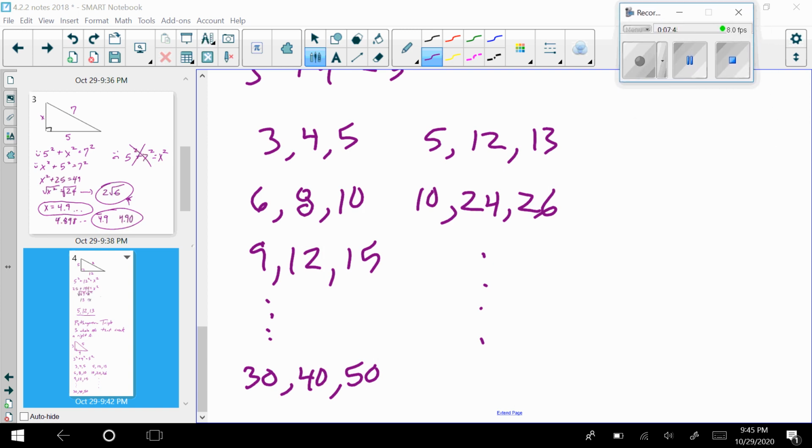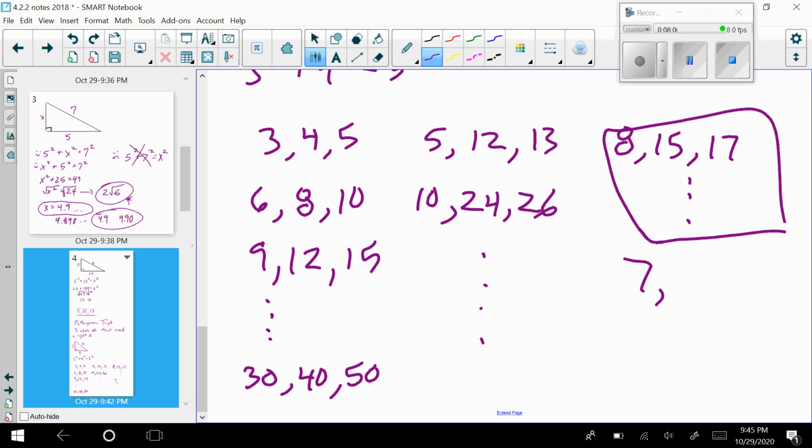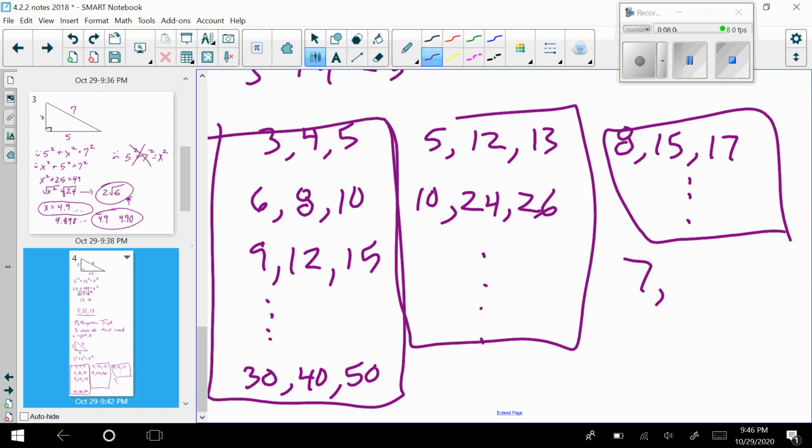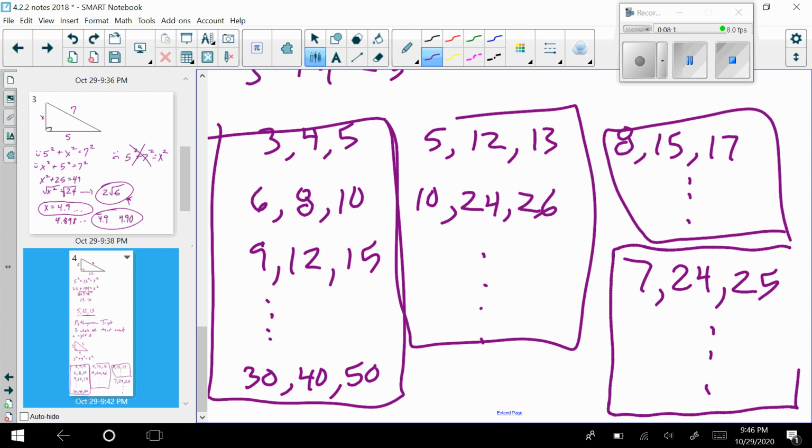Another family I want you to know is 8, 15, and 17, and then any multiple of that is also right. There's, I guess, one more, the new family. Okay, if you really want a fourth family, 7, 24, 25, right? And every multiple of that. There's actually an infinite amount of families of Pythagorean triples too, which is pretty cool.